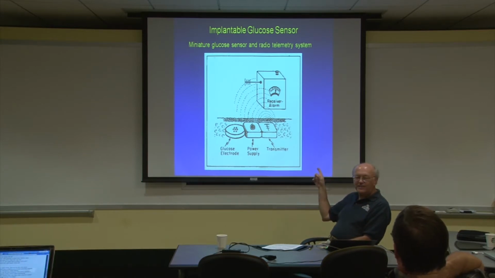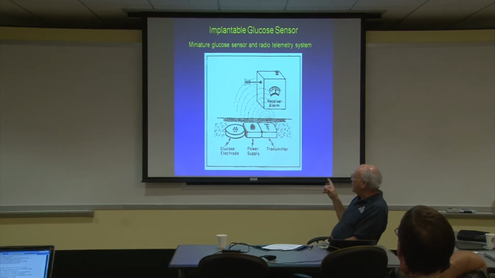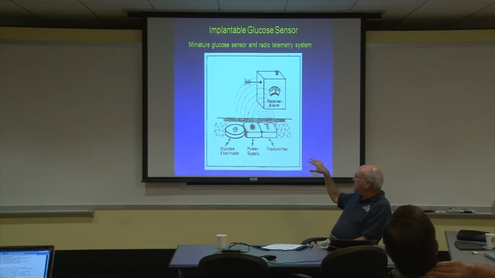And this picture is historic. This was made in 1972 or something like that. This is one of my mentors back at Boston. He said, okay, this is my dream, I want to have one of these things someday. It's got a glucose sensor, a power supply, and a transmitter, all parked under the skin, and then you have an external receiver.